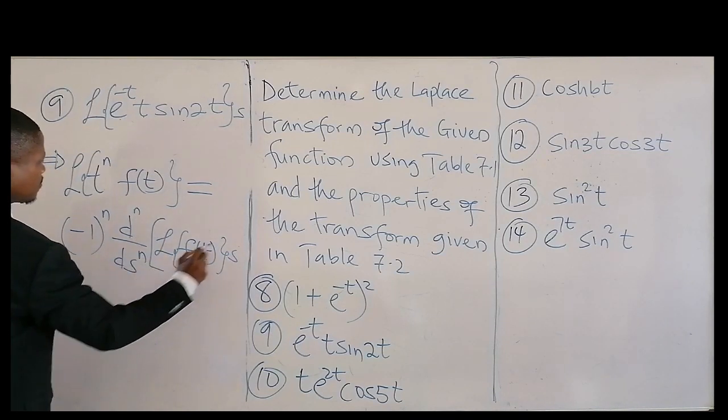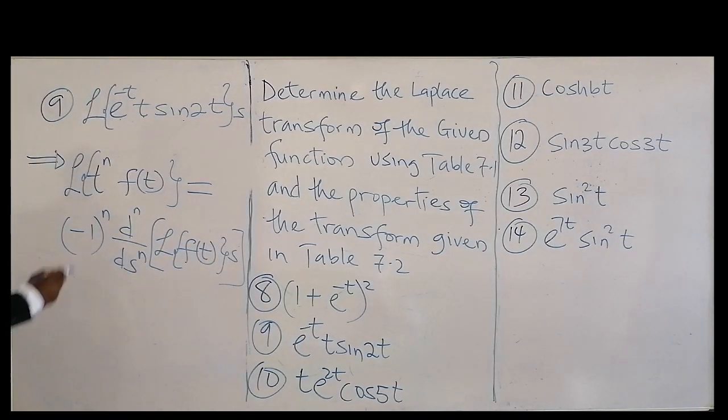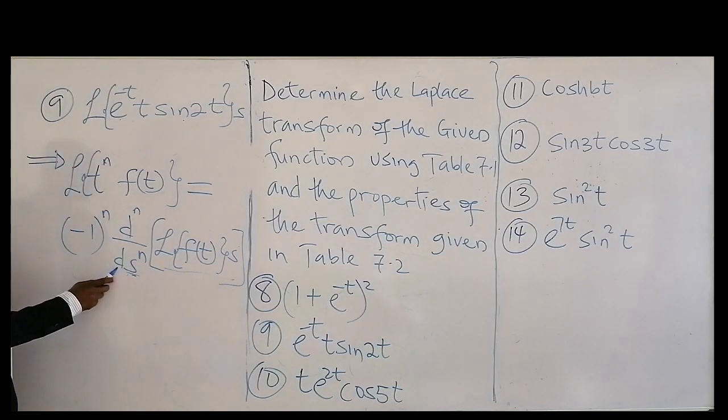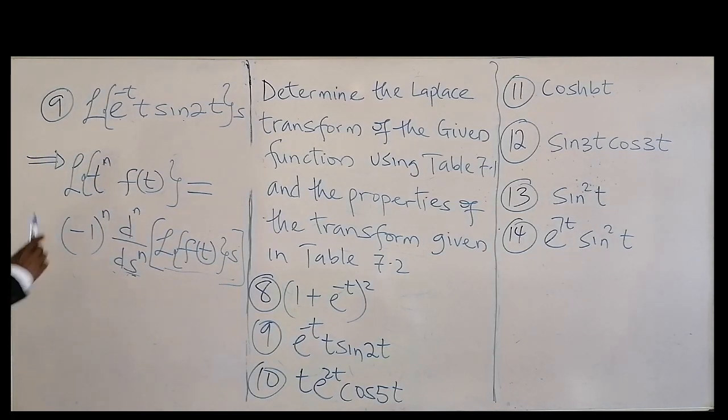And what does this n mean? n could be 1. If it's 1, then you do only the first differentiation, only one time differentiation with respect to this. If it's 2, that means after you have gotten your Laplace there, then you have to differentiate twice. So that's that. Let's see how we can apply this to this function.